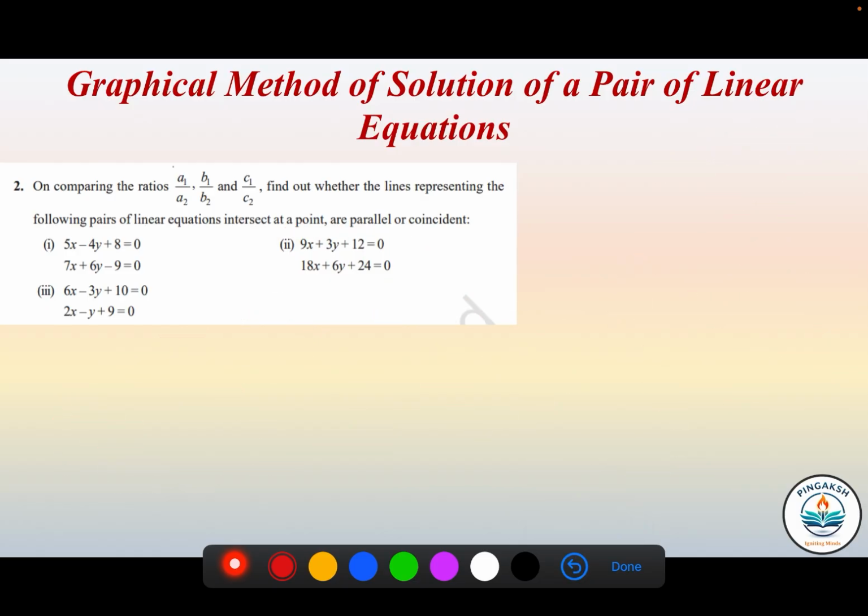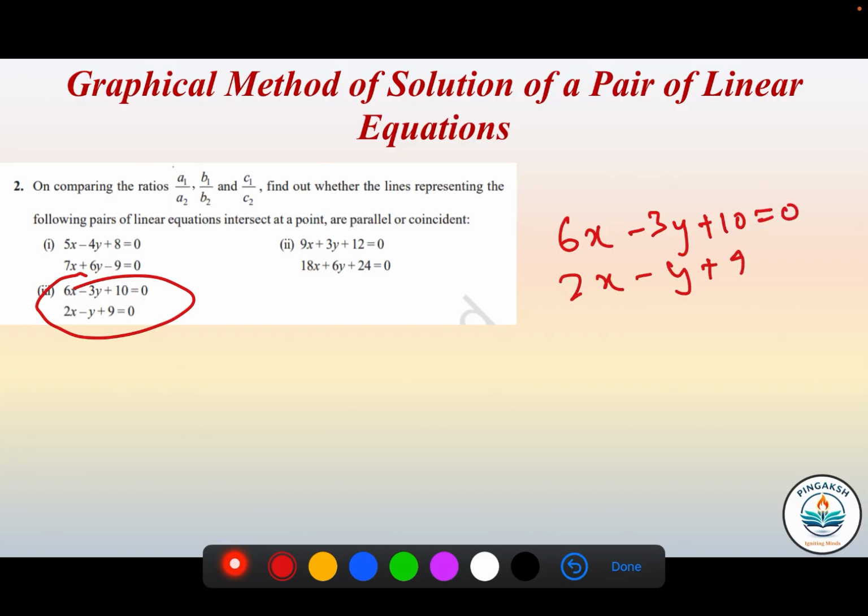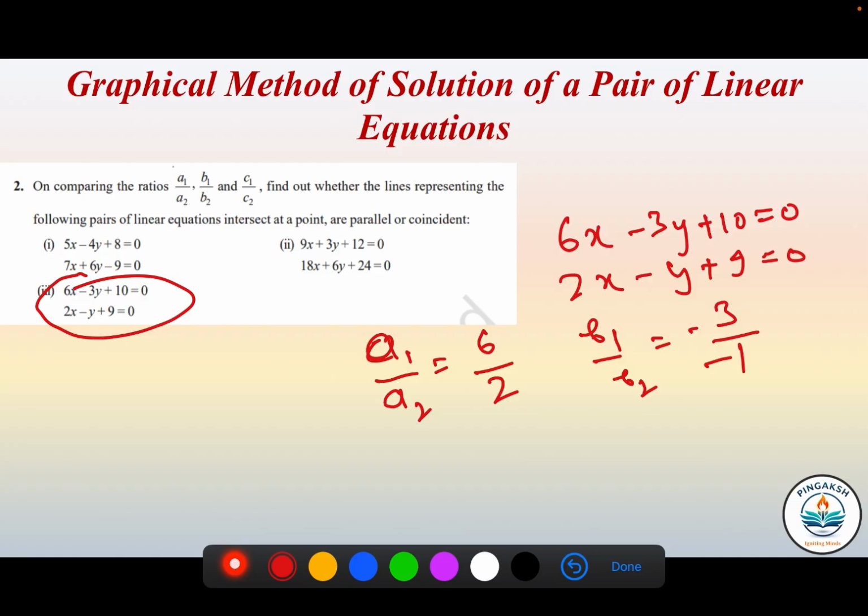Now see this third problem. 6x minus 3y plus 10 is equal to 0, and 2x minus y plus 9 is equal to 0. So a1 by a2 is 6 by 2, b1 by b2 is minus 3 by minus 1, and c1 by c2 is 10 by 9.